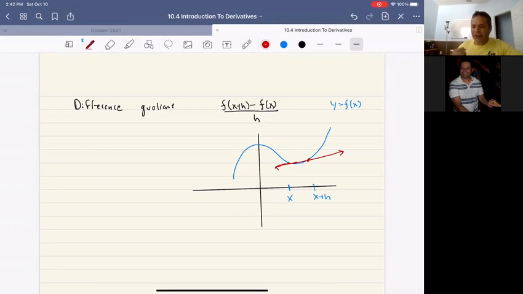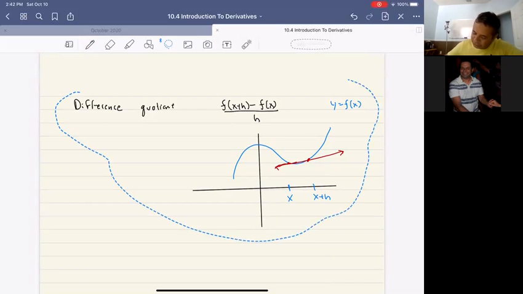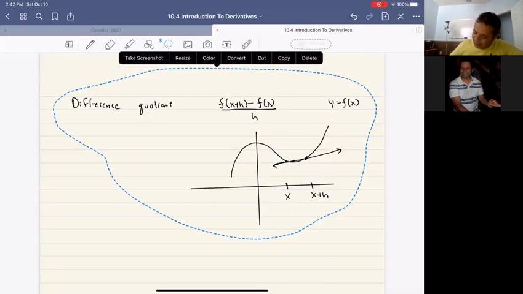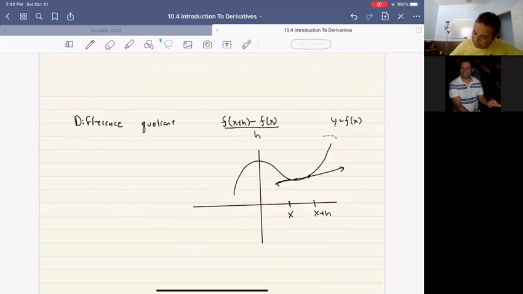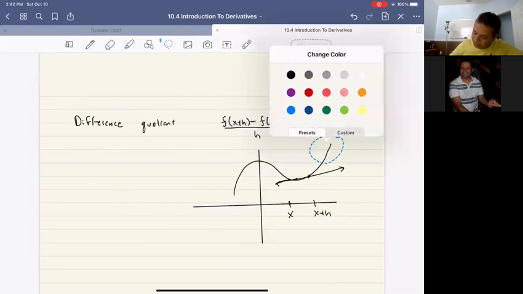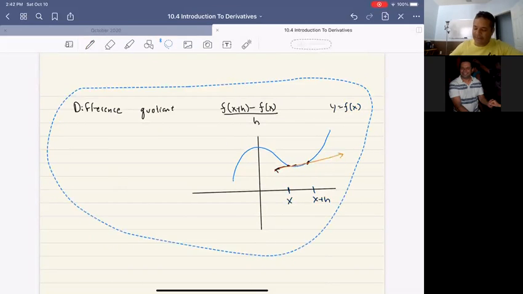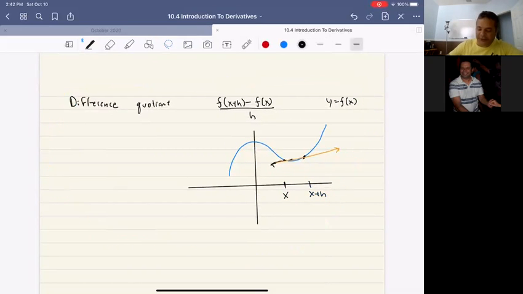Okay. The derivative is just, we're going to actually take a limit of that. So the derivative, why is that in red? Hold on, that's black. Let me make this blue. Let me make that orange. Okay, but the derivative is actually what happens when we take the limit of that as the two points get closer and closer together.